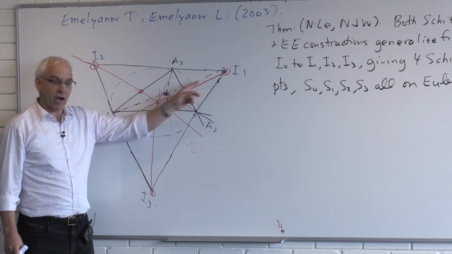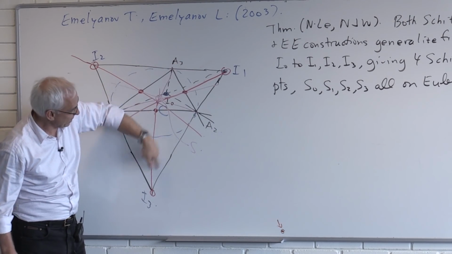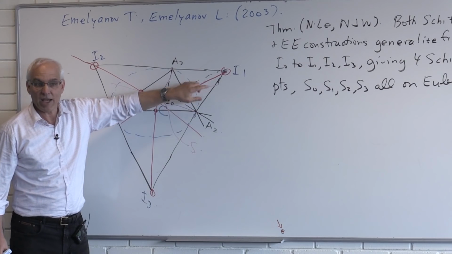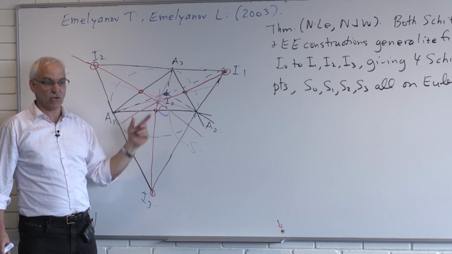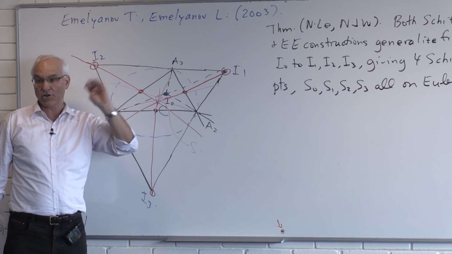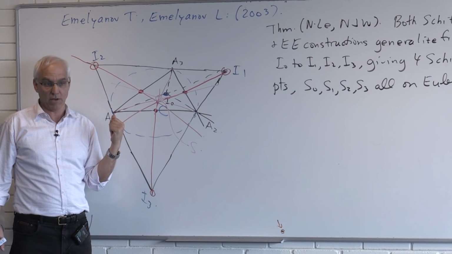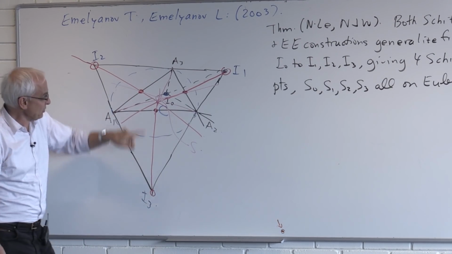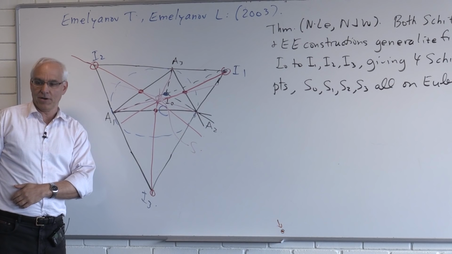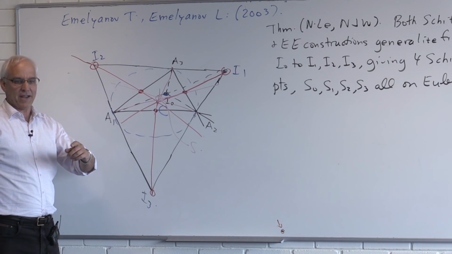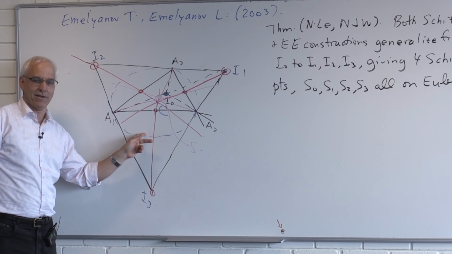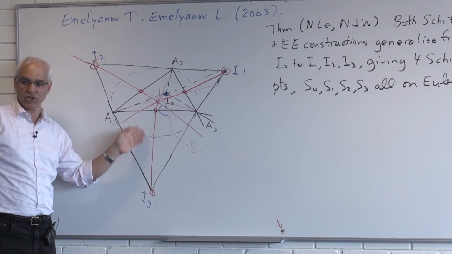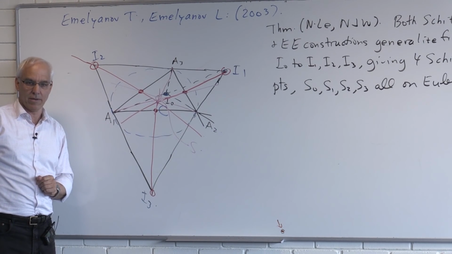In this case, they are, because the lines joining them pass through the vertices. But we can actually replace I0, I1, I2, I3 with an arbitrary standard quadrangle with respect to the original triangle. And it turns out not to be important to use the circumcenter. One can use, in fact, any point in the plane, and the Emelyanov construction will still work.